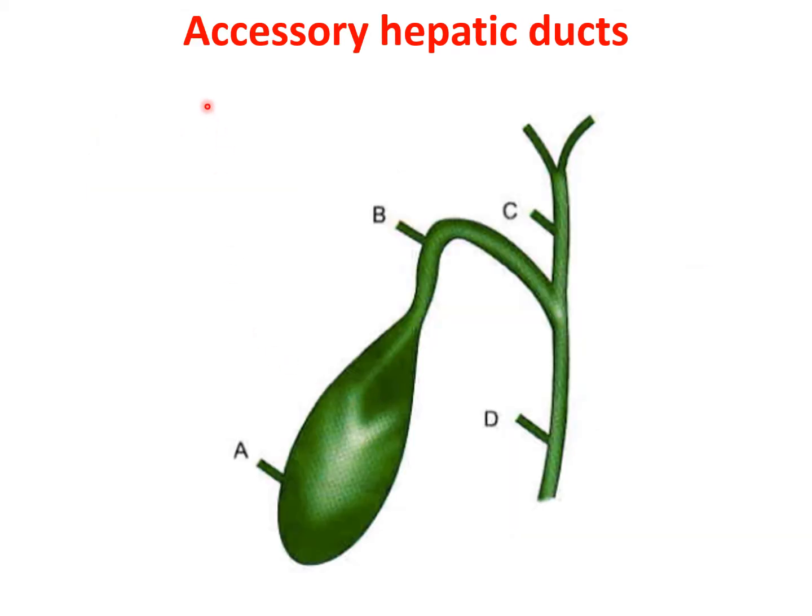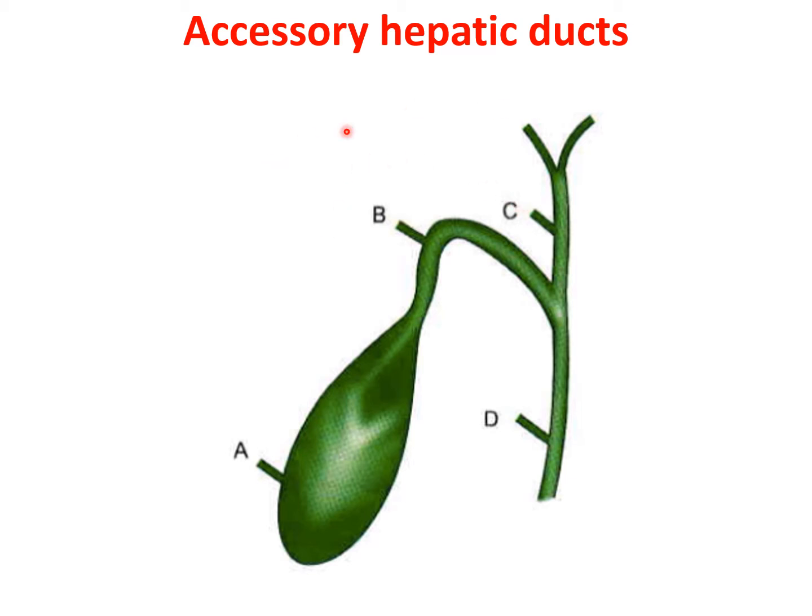A word about the accessory hepatic duct, which is present in about 15% of subjects. An accessory hepatic duct is a normal segmental duct that joins the biliary system outside the liver instead of within it.